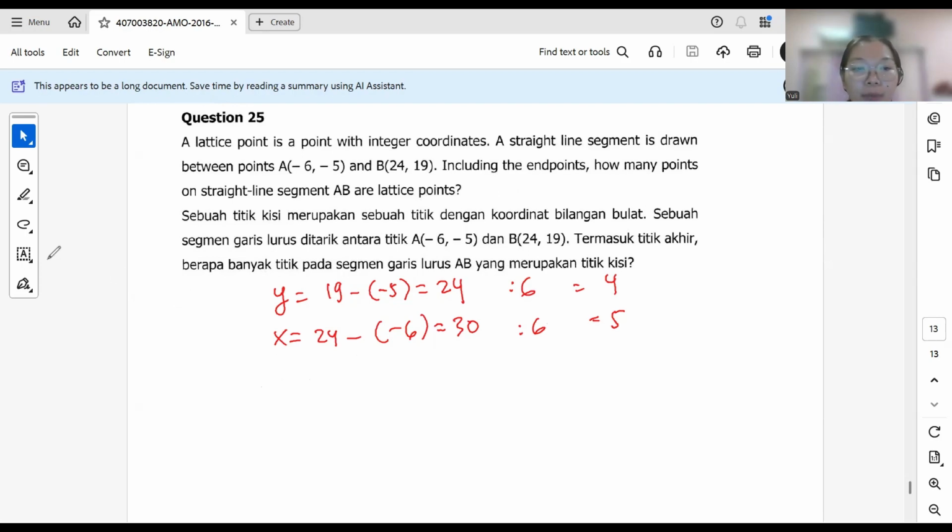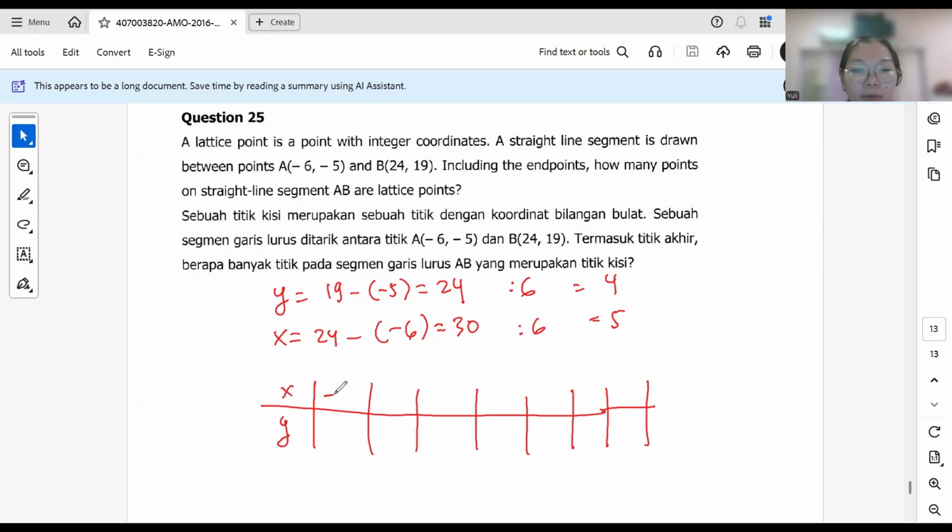So you make a table, right? You make a table, and then you count one by one. Start from -6 until 24, and then this one starts from 5. Every increase x 5, yeah, going to be -1, and this one will increase 4 points.